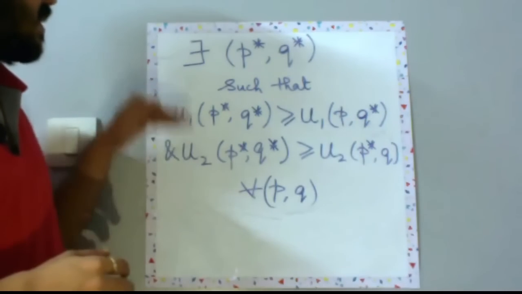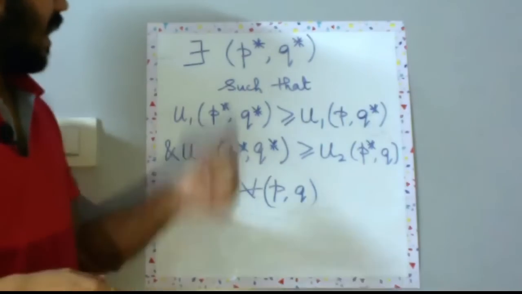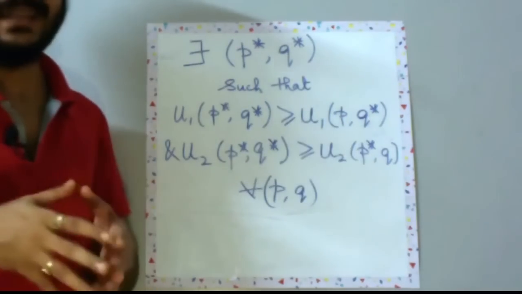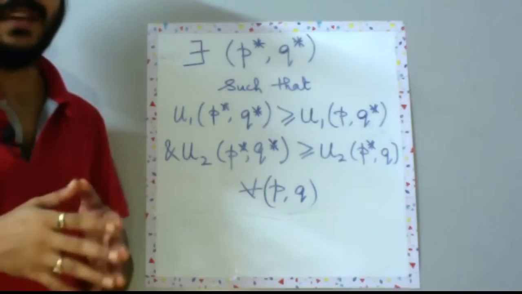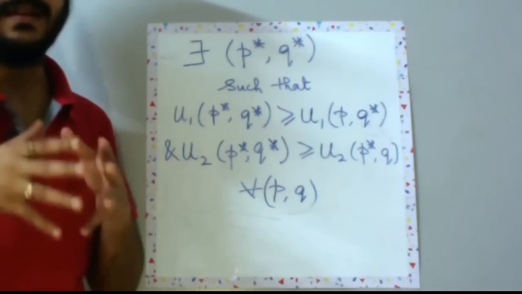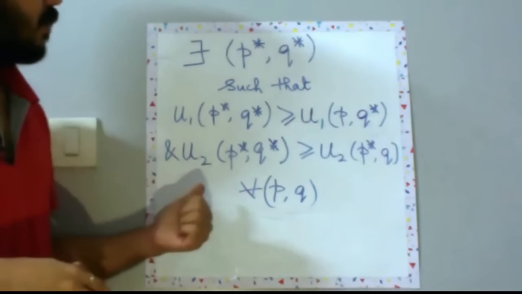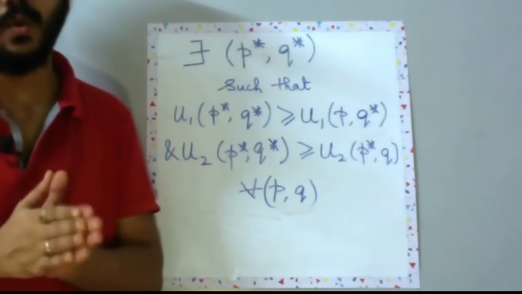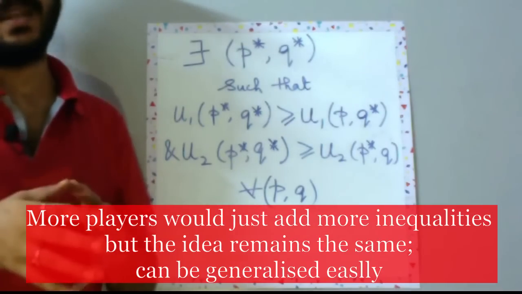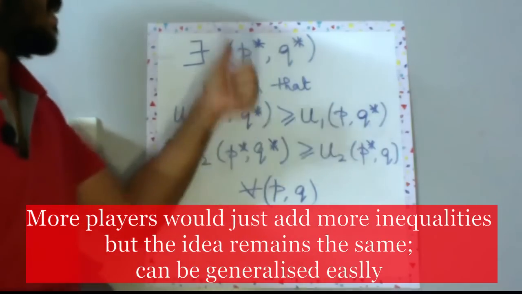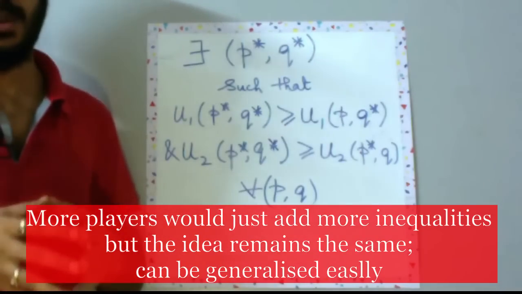Now in these two inequalities, the key idea is that they are trying to deviate unilaterally. Again, the same principle of Nash equilibrium: there is no profitable unilateral deviation. And in this particular framework, when you have only two players and they have only two pure strategies, there exists a p star, q star such that there is a mixed strategy Nash equilibrium.